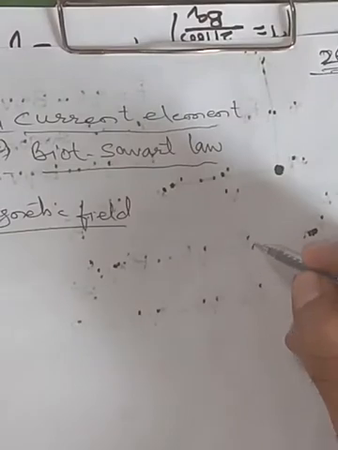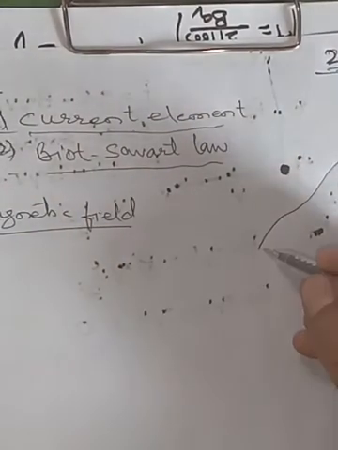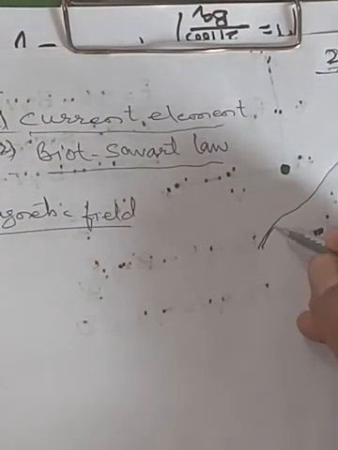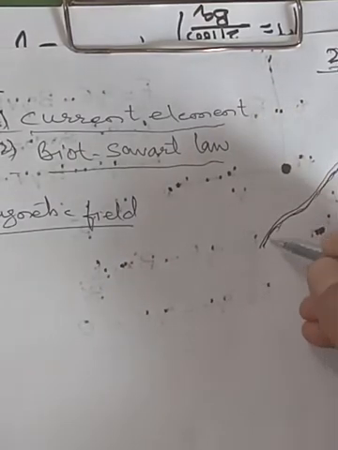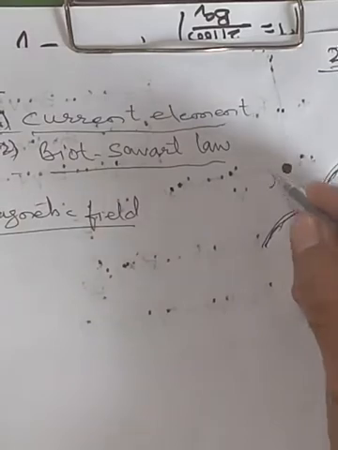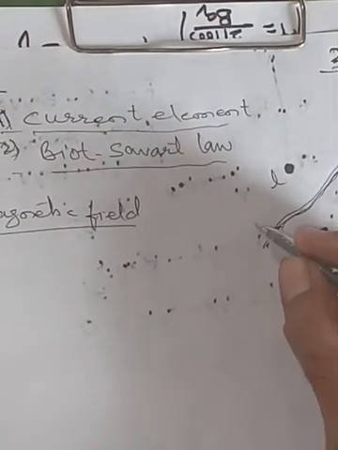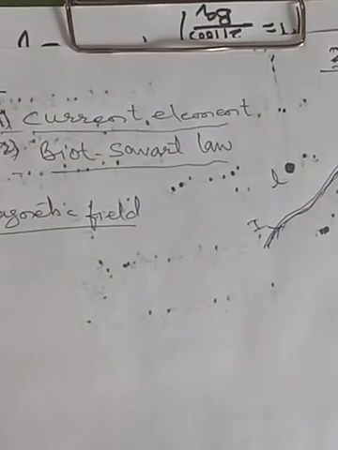So suppose we consider that this is a long wire of length L, and through this particular wire I amount of current is flowing.